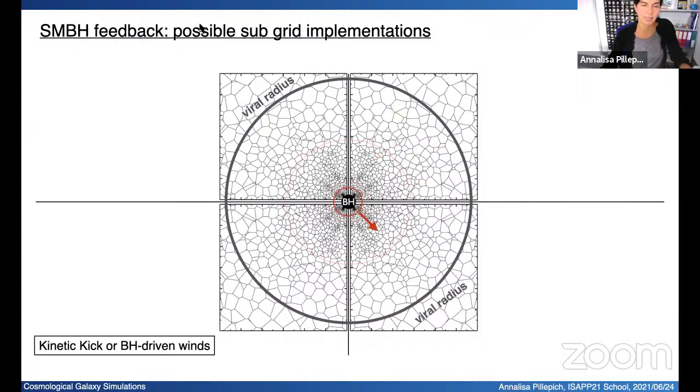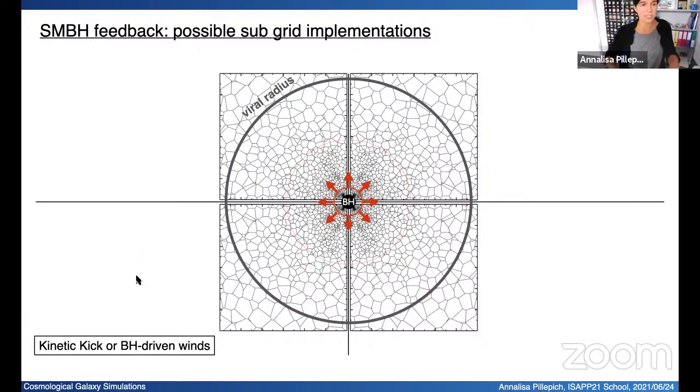You can also decide to actually donate momentum, so really give a kick and change the kinetic energy of the gas in the surrounding of the black holes. And these produce so-called black hole-driven winds that, again, are meant to mimic maybe the collimated jets that we saw before, or not. So in some cases, you can do it in one direction, isotropically, or as a form of jets.